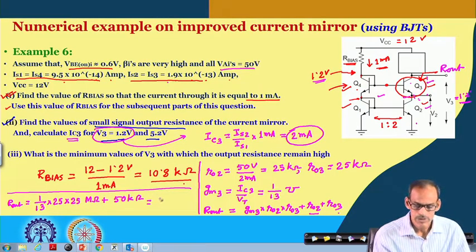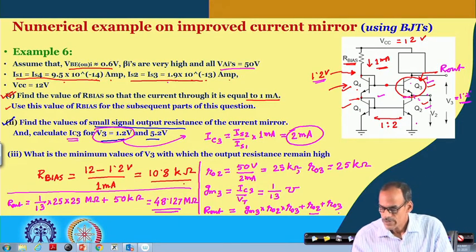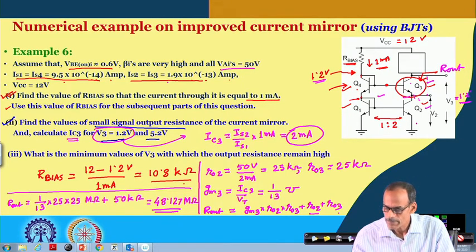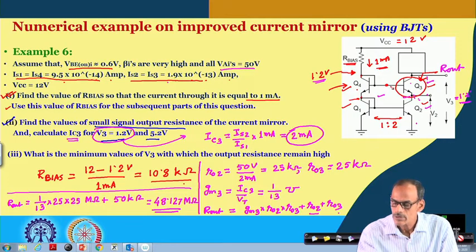So, this is becoming 48.127 mega ohms. Note that here I have ignored the r pi here.